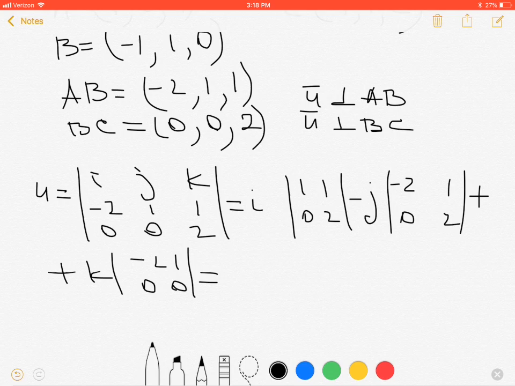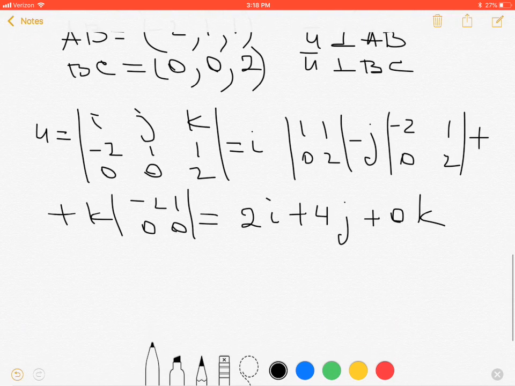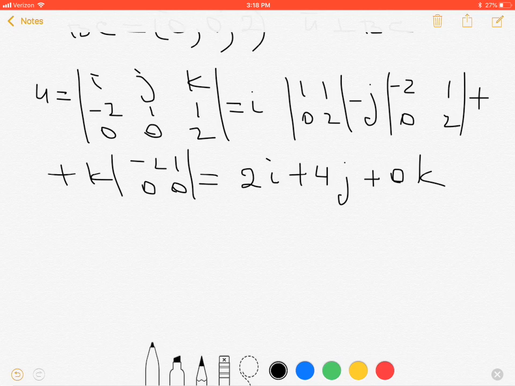You can see it will be 2I, negative 4, and plus 4J, and plus 0K. Okay, this means vector u has coordinates 2, 4, 0.